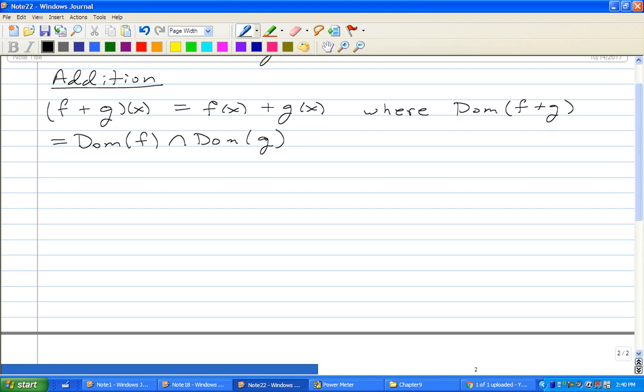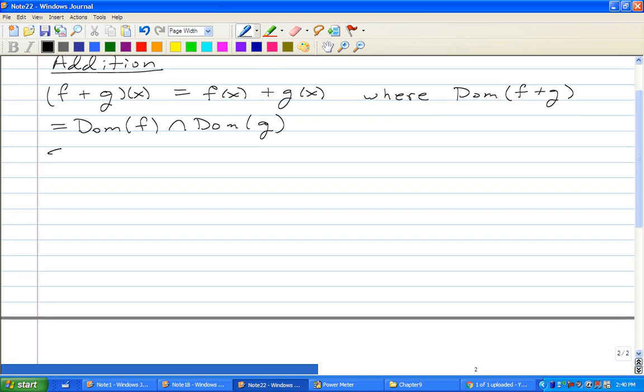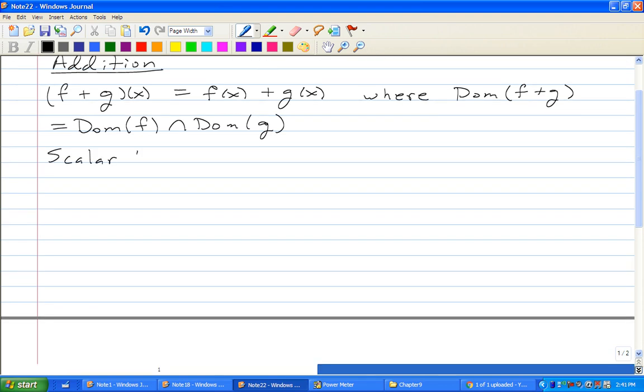Let me define scalar multiplication. Let c be some scalar, some real number.